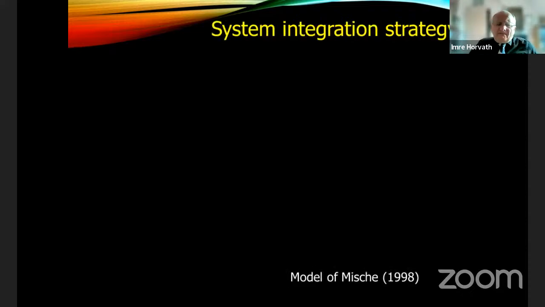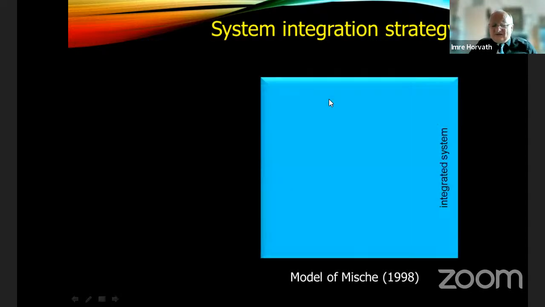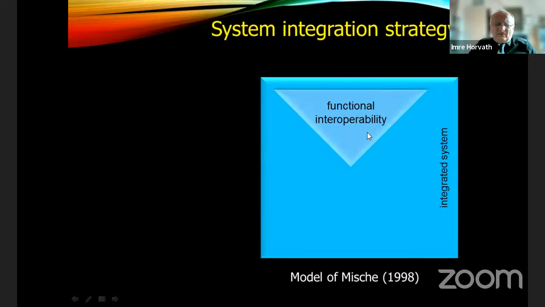So if we talk about system integration, I use a mission model, which was published almost 25 years ago but is still valid as a highest-level conceptual model. It identifies four core elements of the strategy. If we want to get to an integrated system, then first of all, we have to provide functional interoperability.